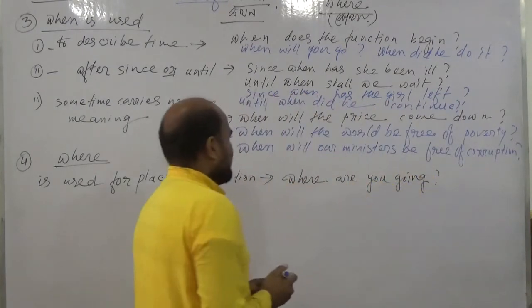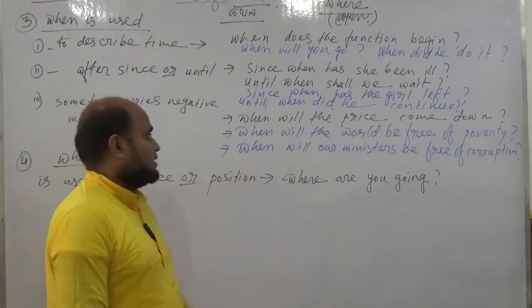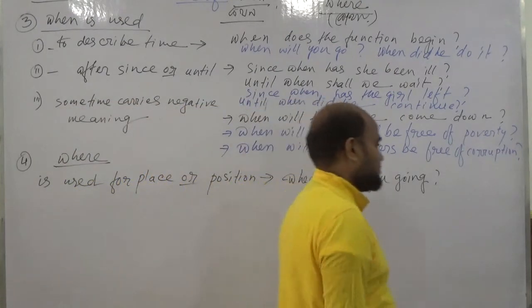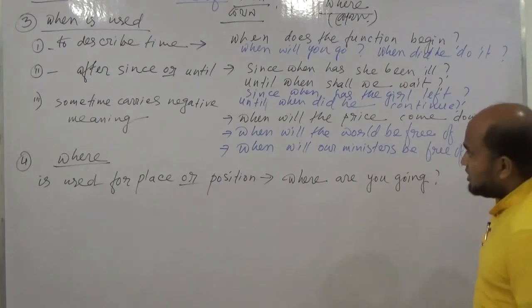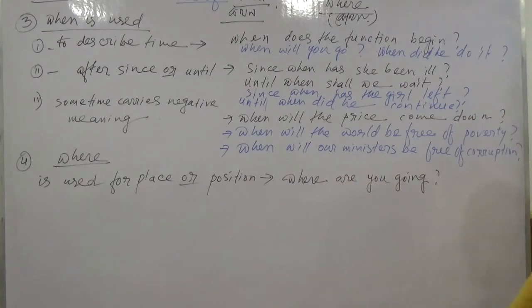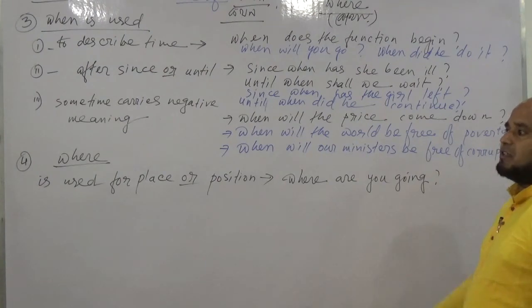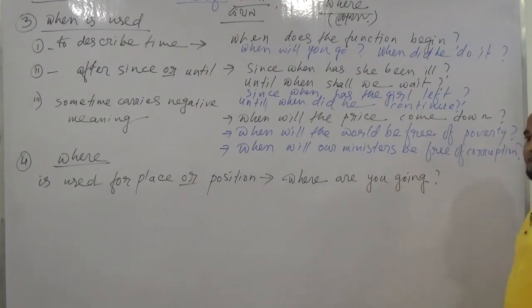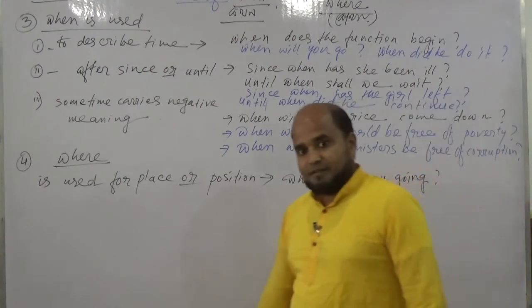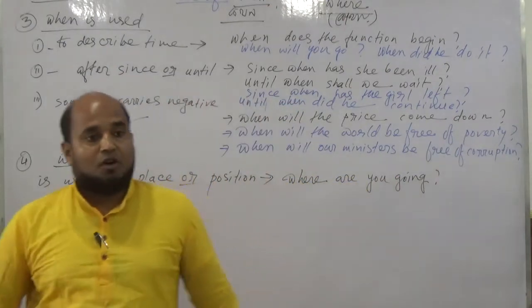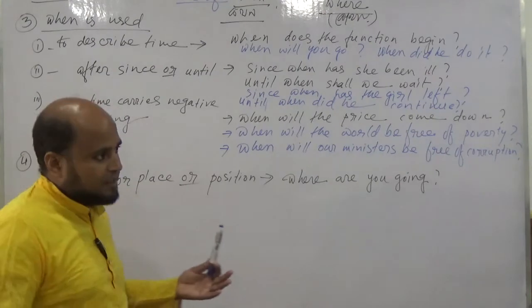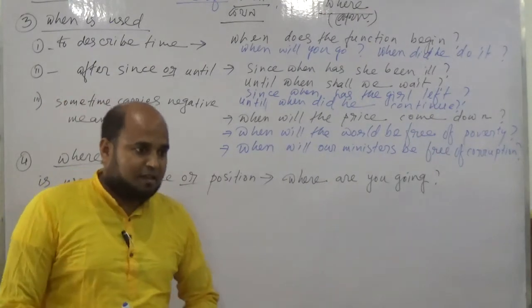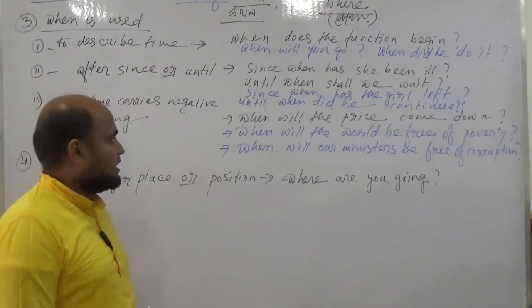But we know that most of the ministers of our country, of our state and all over the world are corrupted. From top to bottom all are corrupted, but there are some exceptional cases. We know that there are some honest leaders, but most of them are corrupted.